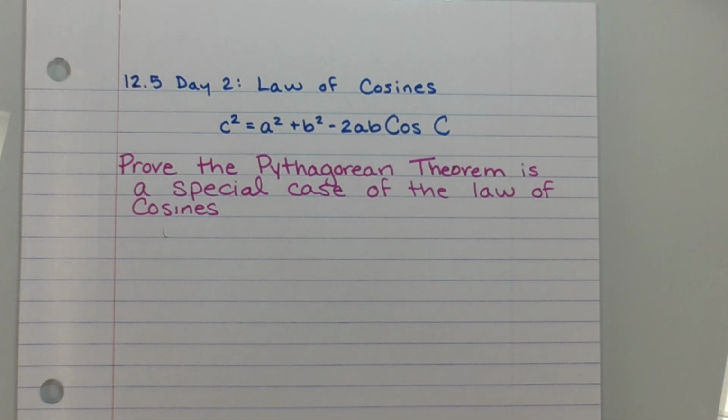What do you know about the law of cosines? It's that, right? What do you know about the Pythagorean theorem? We know more about it than its connection to the law of cosines. It's got to be a right triangle. So that's the key thing.